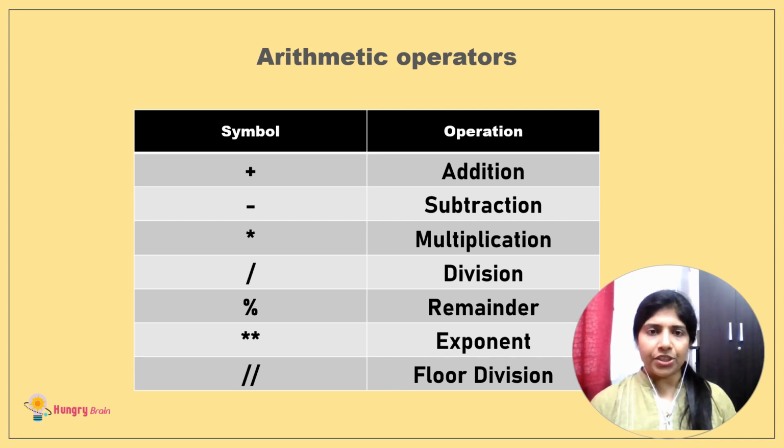Plus for addition, minus for subtraction, star for multiplication, slash for division, modulus for remainder, double star for exponent, double slash for floor division. Floor division means dividing the two numbers and the result will not have the fractional part. If you don't want the result to contain the fractional part, then you can use double slash for division.